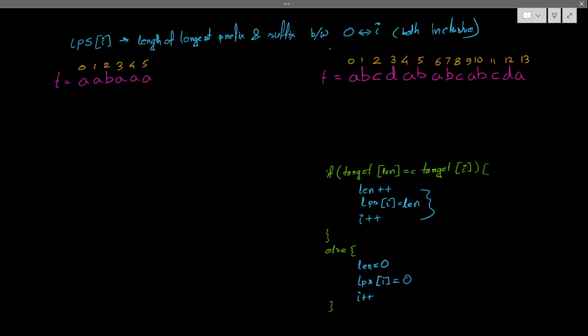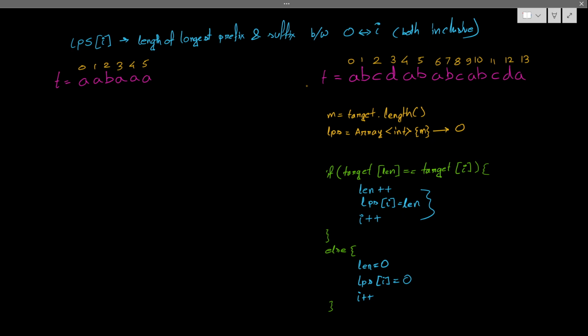I am initializing m equal to target dot length. After that I initialize one LPS array, which is an array of integers of size m, and everything is initialized to 0. By default it is 0.